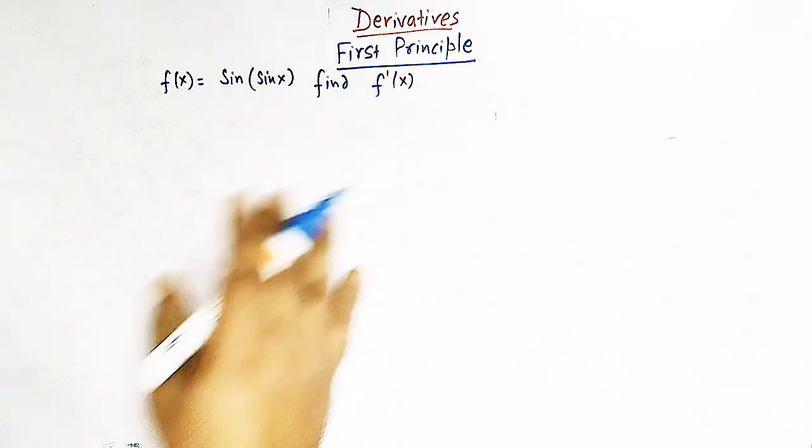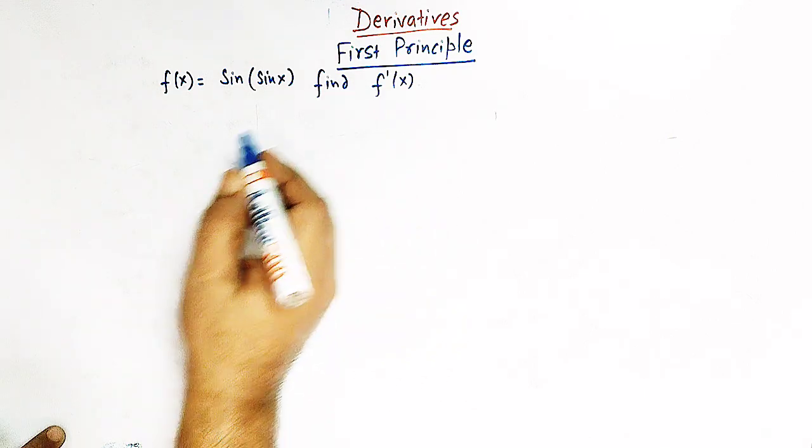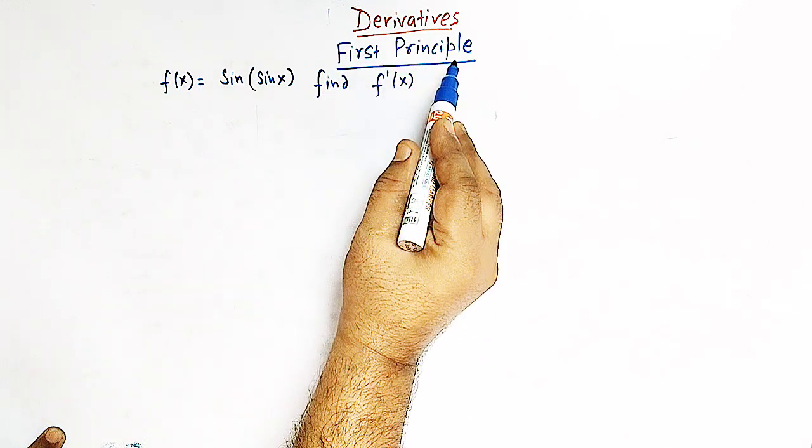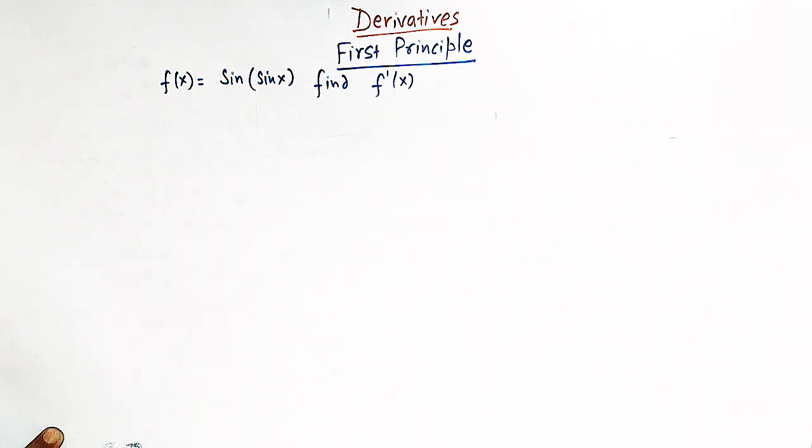Now see, we have already discussed a lot of problems related to finding out the derivatives of functions from first principle. So to use this first principle, we start with the definition of derivative of a function.